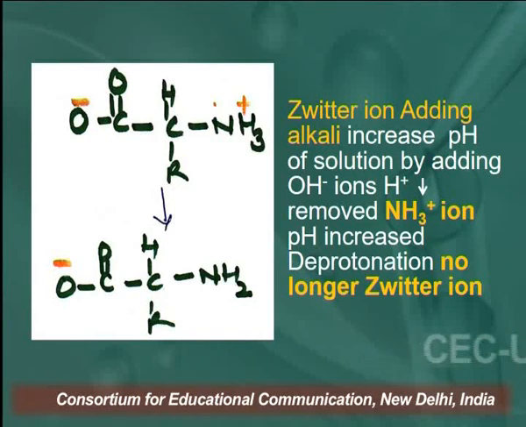It means that the proton from the amino group, the ammonium ion, is deprotonated, and during that deprotonation, the positive charge is lost. So again, in that case, the Zwitterion is no longer a Zwitterion.